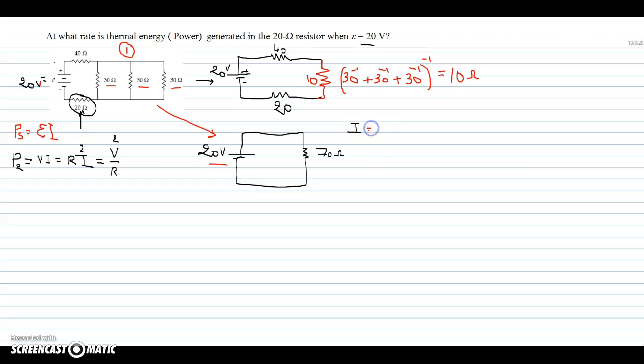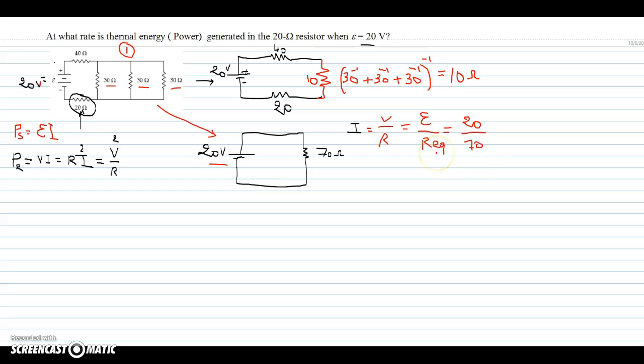Now, the current I, using Ohm's law, is the voltage over R. This is true if you have only one resistor. But in my case, I have the EMF for the source, and R is not a simple R, it's a combination, R equivalent. This is the same equation, Ohm's law, adjusted to this configuration. So this is 20 volts, and the equivalent is 70 ohms.